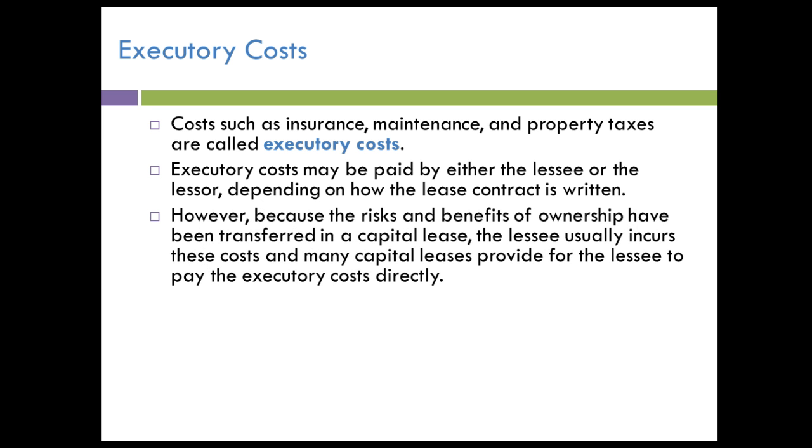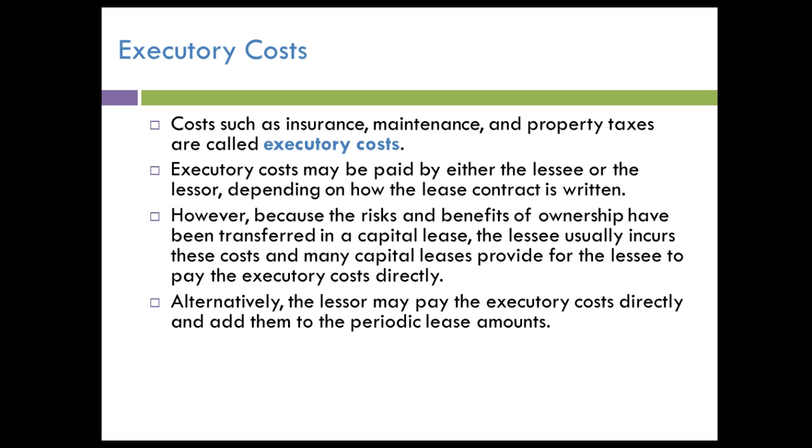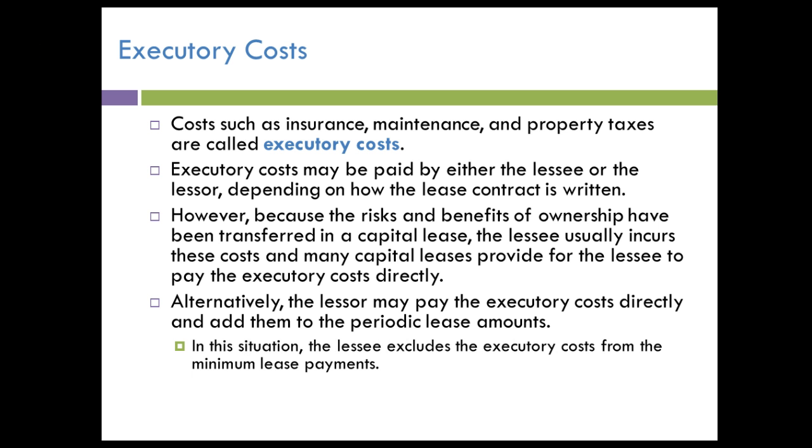Because the risks and the benefits of ownership have been transferred in a capital lease, generally the lessee is going to be responsible for these costs. And the lessor might pay the costs directly and then add them to the periodic lease payment. That's another way in which they can do it.